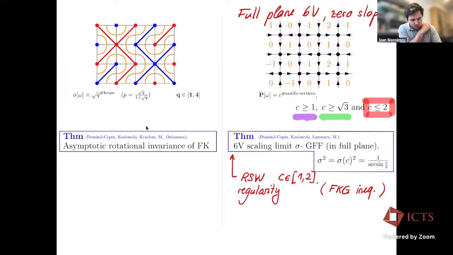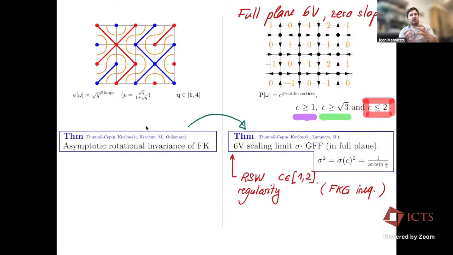So finally, why do we need C larger than square root of 3? This is because we're going to import the result from FK percolation, namely the rotational invariance. So I should mention that you can't really expect this kind of result to come just from qualitative results of this type.